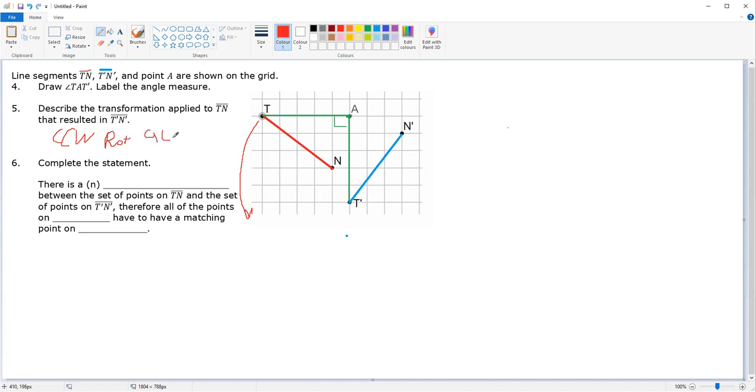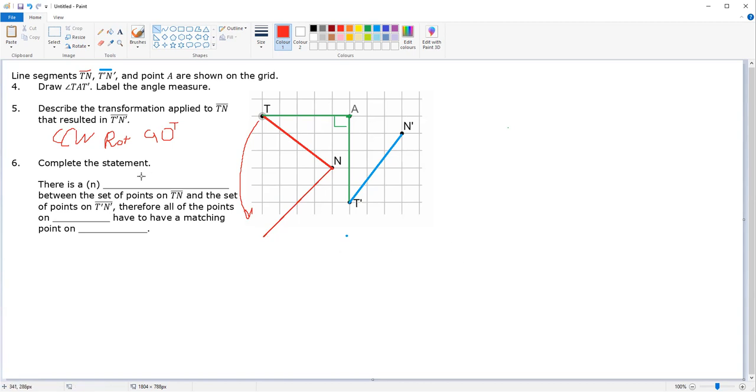It's 90 degrees, because that would put the T down here, right? After I did that, it makes it look something like that, and that would be pretty parallel.